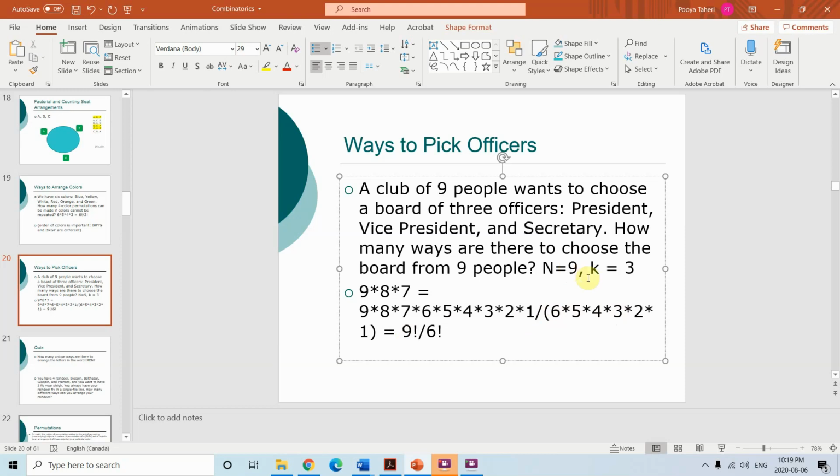Right? And we mentioned the formula for permutation is basically n factorial, you see it's 9 factorial, divided by n minus k factorial, right? So here it was 9 minus 3, which is 6 factorial.